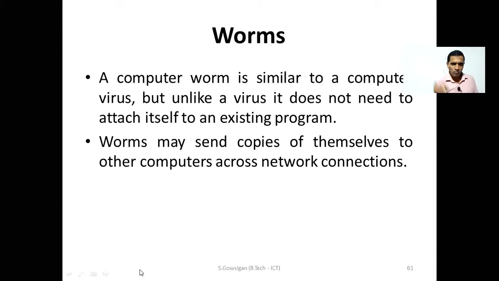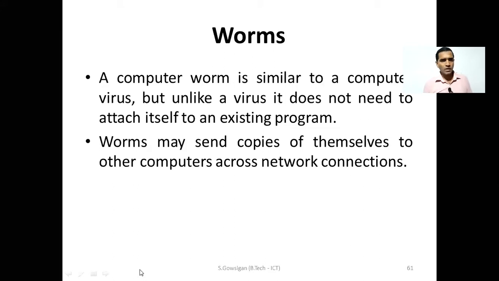A worm is almost similar to a virus, but a virus cannot stay alone. It attaches itself to another program, but a worm can stay alone. They have a similar characteristic: a virus has the ability to replicate, and worms also have the ability to replicate.